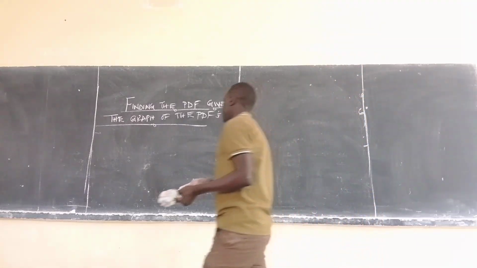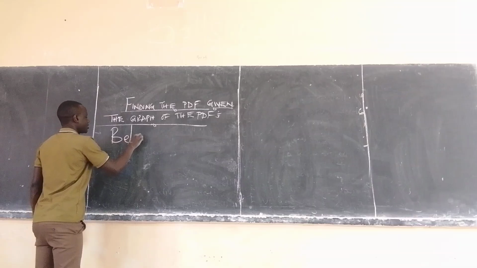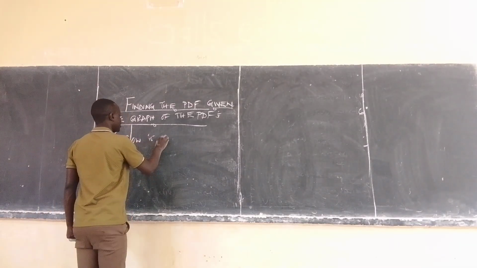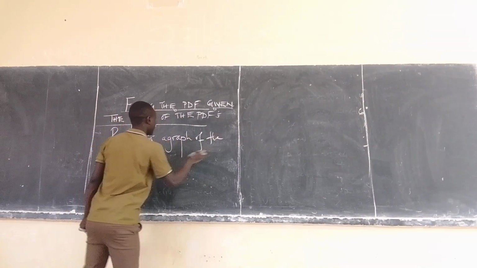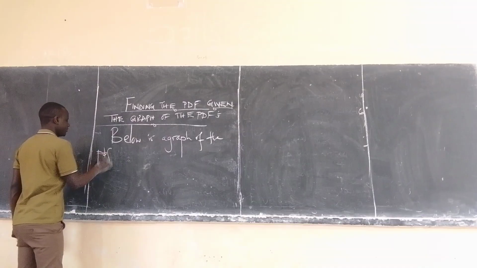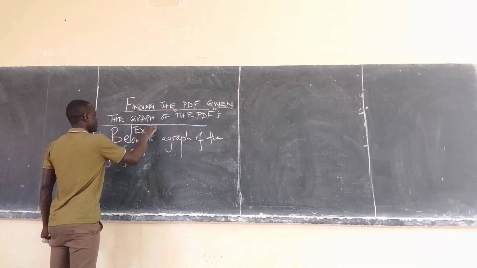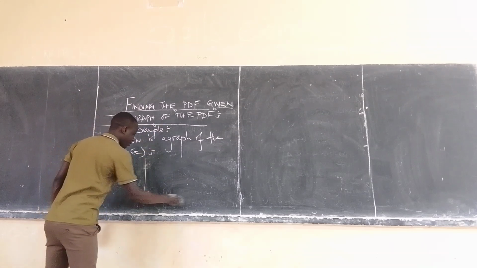So we had an example that was saying that below is the graph of the PDF, smaller f of x. This was an example, and this was our graph.